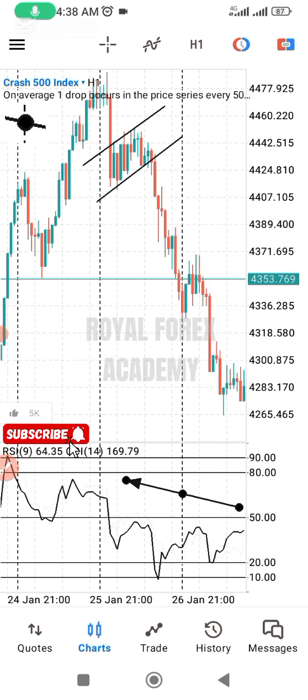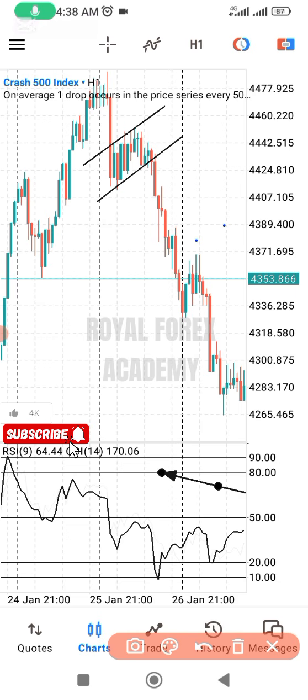What do we do? We now look at our CCI in order for us to validate our trade. In this scenario, our CCI is already below the level of 50.